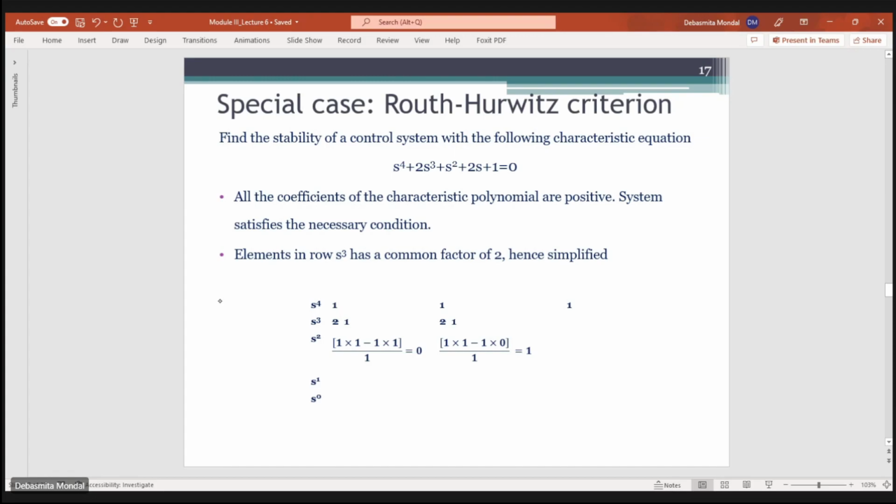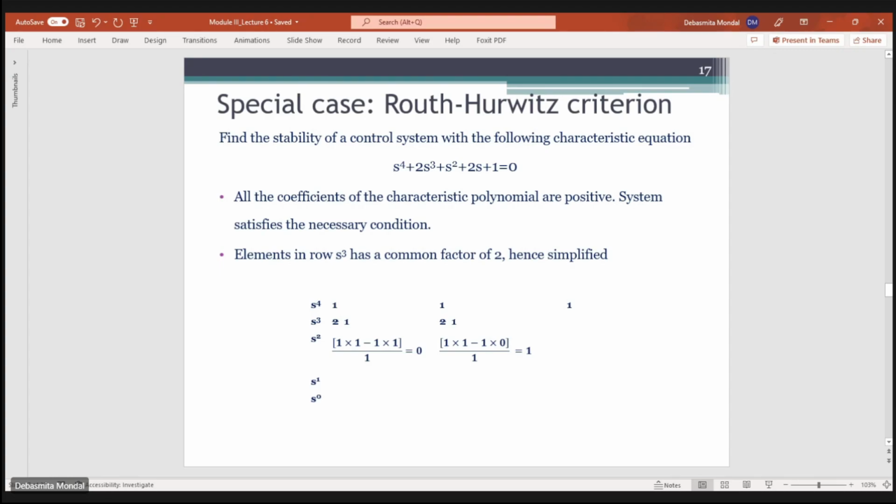So here in the second row both the terms are 2, so we can simply divide both the terms by 2 and you will get 1 and 1. So for simplification of the calculation, if the elements in a row have a common factor, you can divide all the elements by that common factor and then proceed with the formation of the Routh array.